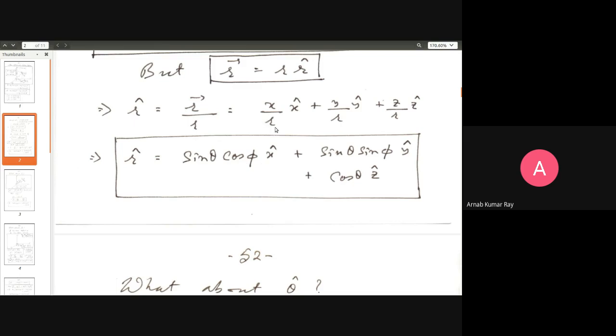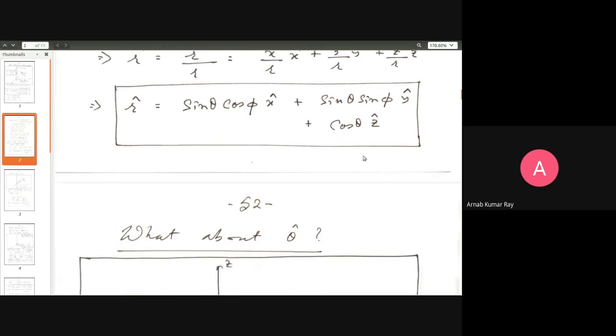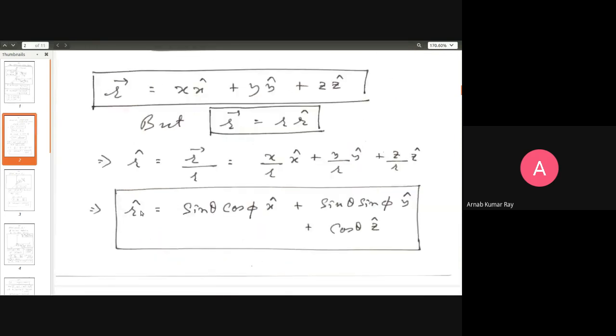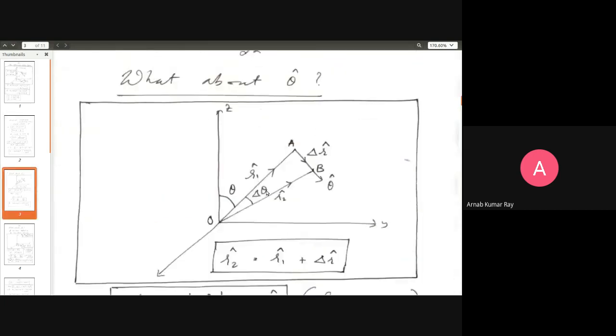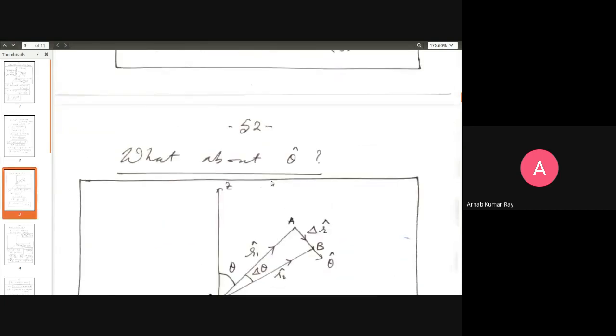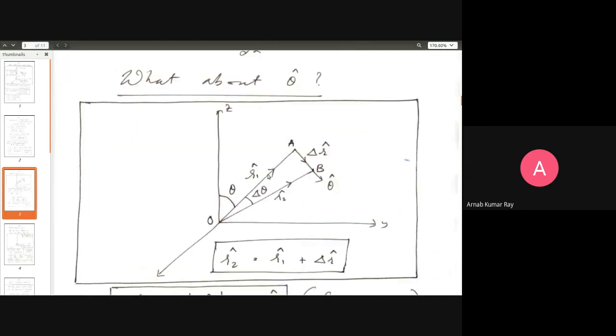The derivation is just a 2-step thing, so it's no challenge really. And then what about the theta cap unit vector? Like we have done the r cap unit vector, the theta cap unit vector could also be worked on. This was the last topic in our previous class where we ended the session.